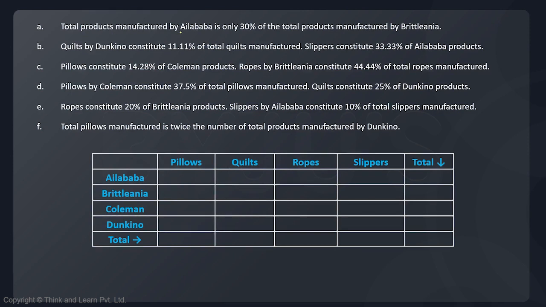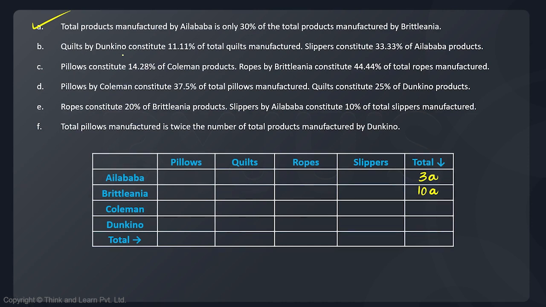Total products manufactured by Alibaba is only 30% of the total products manufactured by B. So total products manufactured by Alibaba is, let's say, 3A. Then the total products manufactured by B is going to be 10A, such that it is 30% of it. So we're done with the first statement.